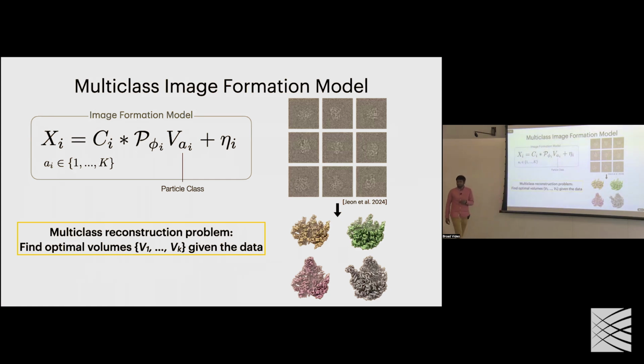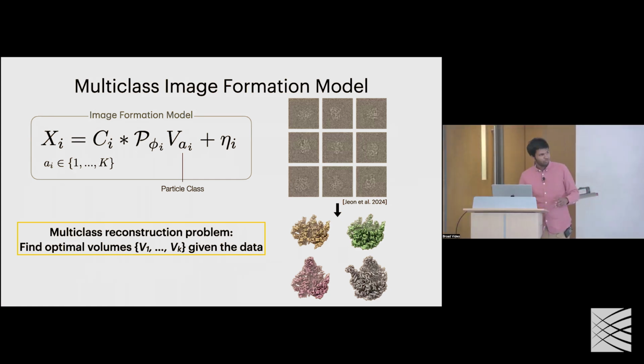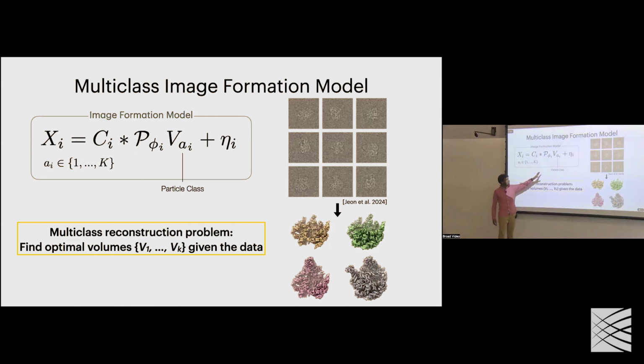So how do we account for that, where we want to reconstruct all 4 of those structures from our imaging data? We can modify our image formation model. So now it's going to look extremely similar, except instead of having just a single V, I have this V indexed by a_i, where a_i is the class of that particular image.